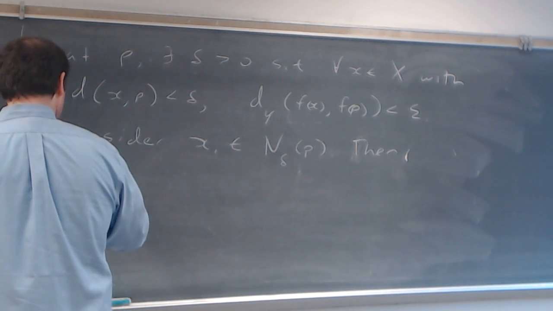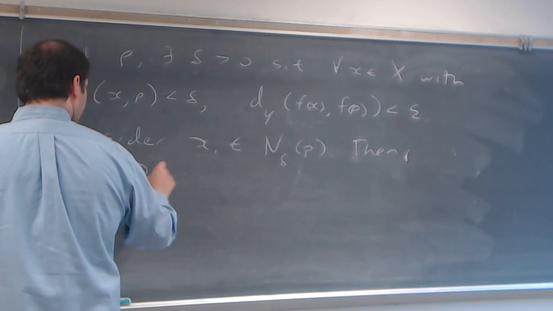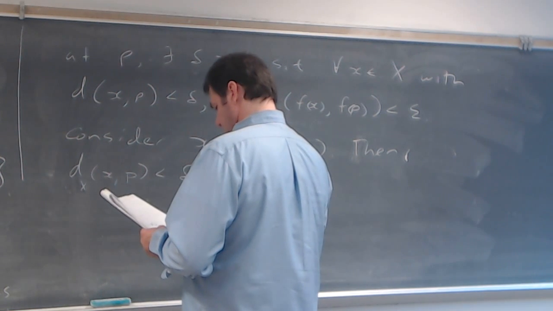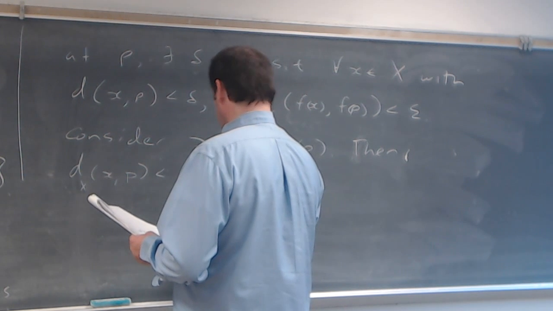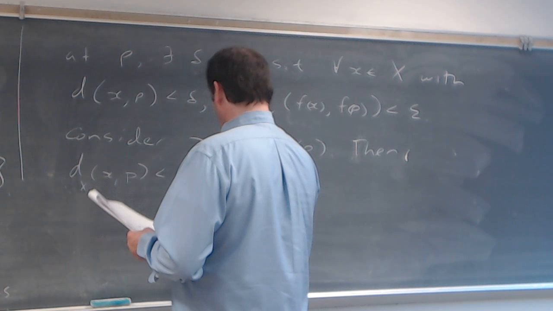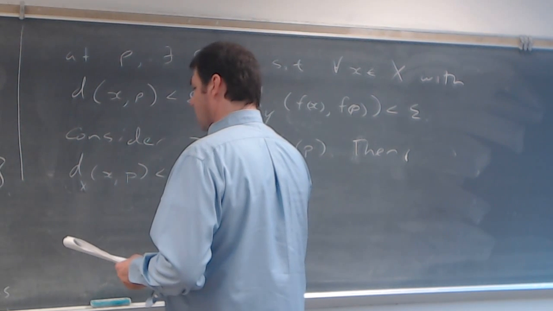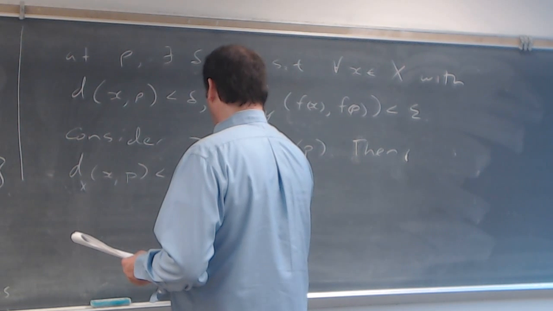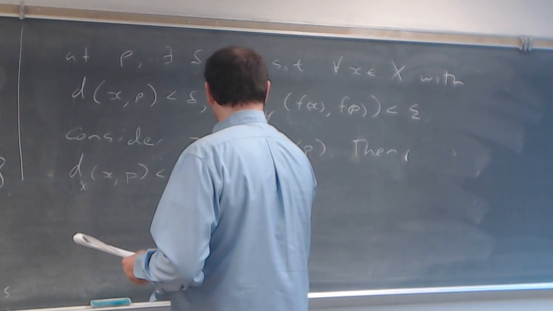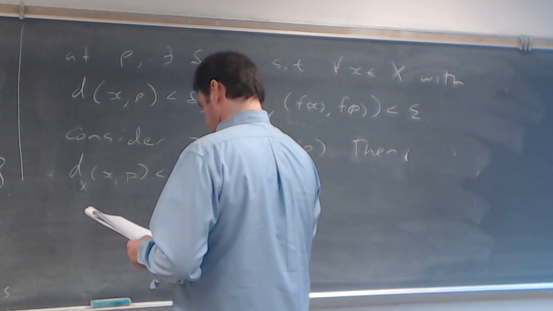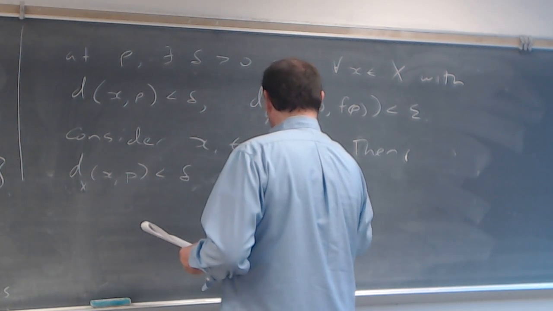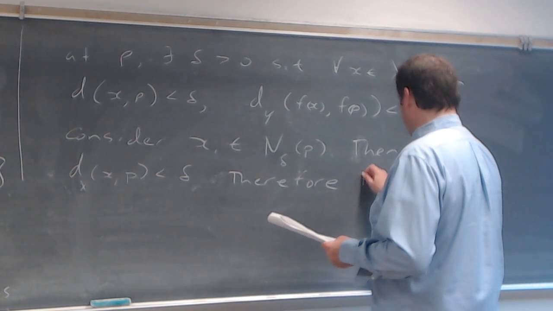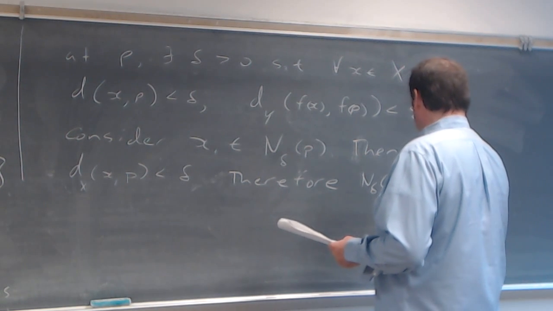Then the distance between x sub 1 and p is going to be less than delta, which implies, so first of all, if it's less than delta here, that implies, I'll say therefore, this neighborhood centered at p of radius delta will be contained in V.